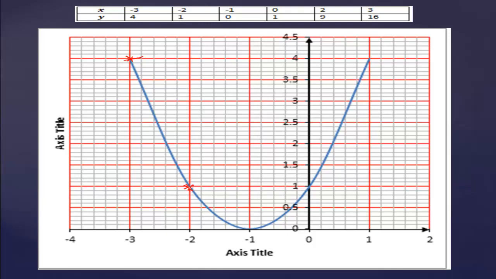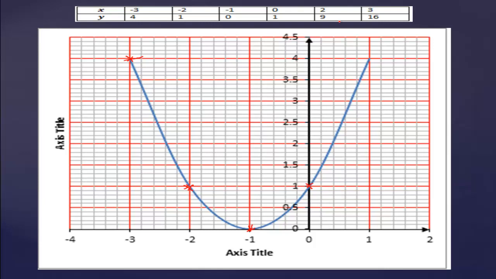And then when x is minus 1, are you following me? When x is minus 1, y is 0. And then when x is 0, y is 1. This is y is 1 when x is 0.